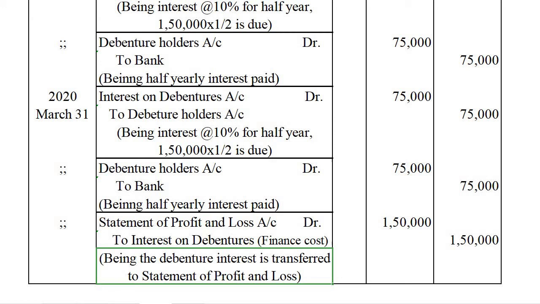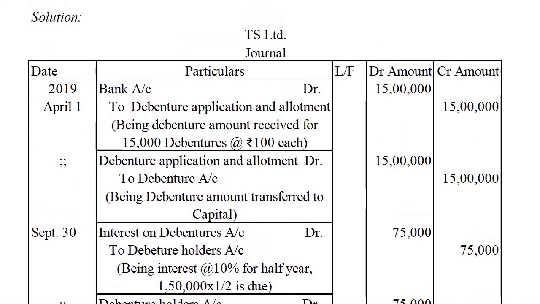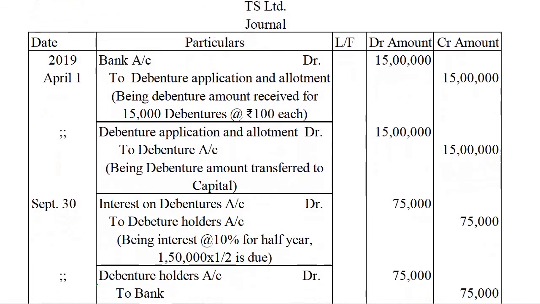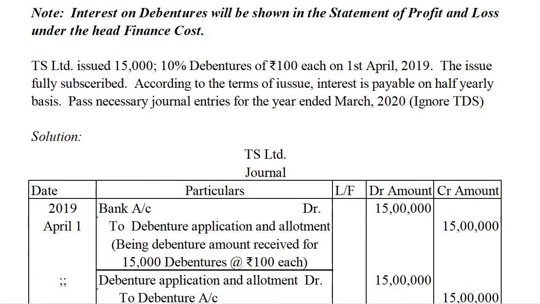Okay, so this is the way of preparing the journal when the tax is ignored. Tax on debenture interest is ignored. Like this, every year we have to pass the journal entry. But here in our question, it was given for passing journal entries for the year ended March 2020.